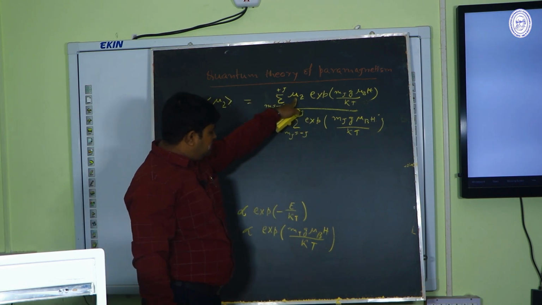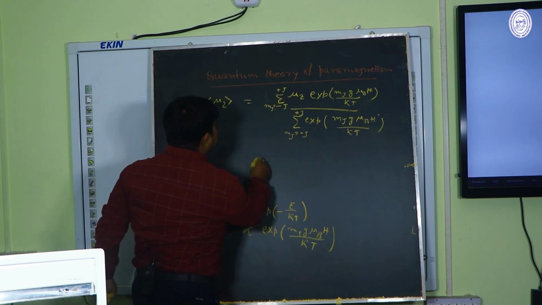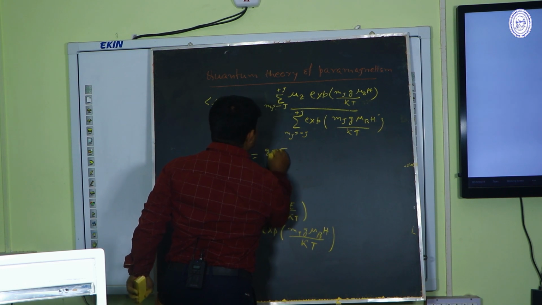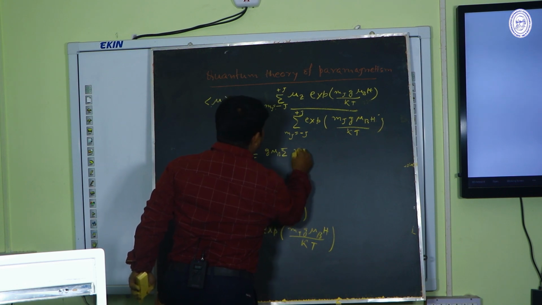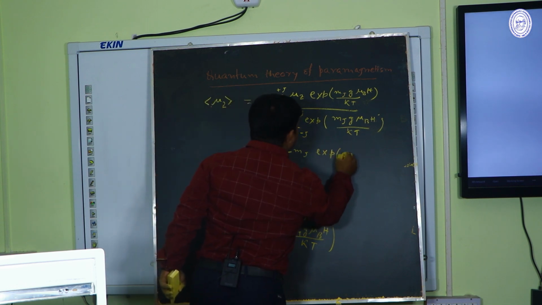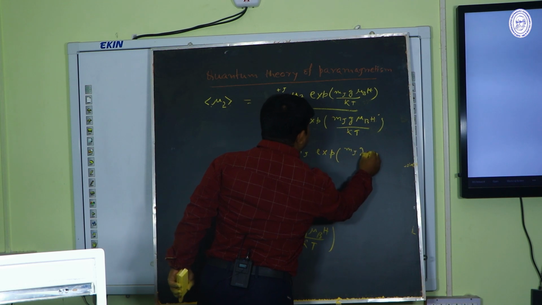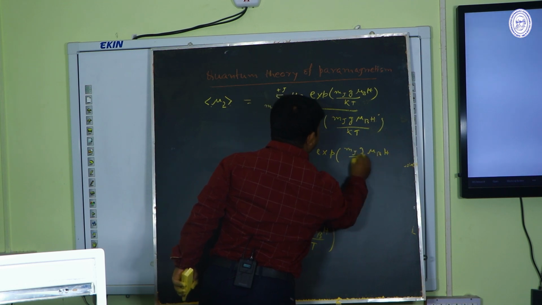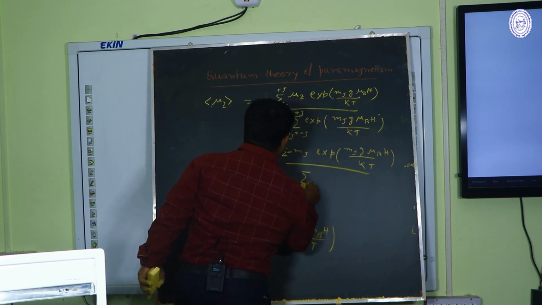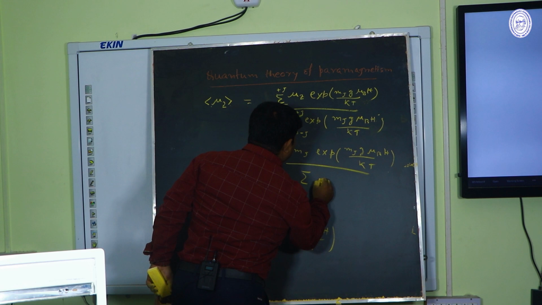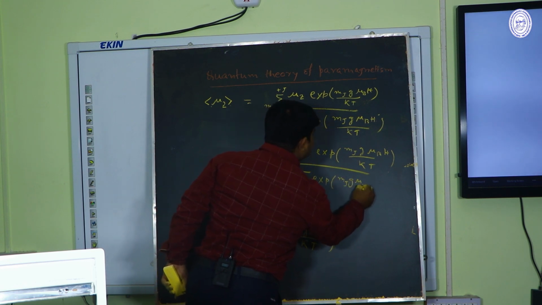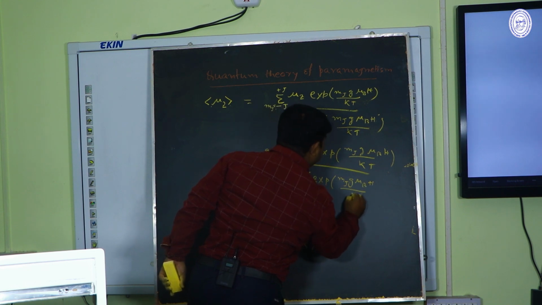So, mu z average is equal to the summation of g mu b mj exponential of mj g mu b H by kT, divided by the summation of exponential of mj g mu b H by kT.